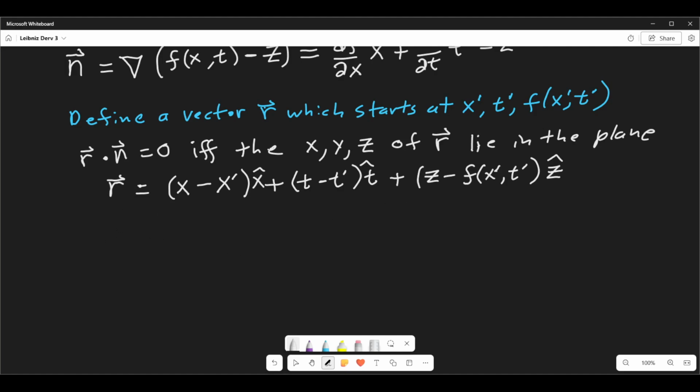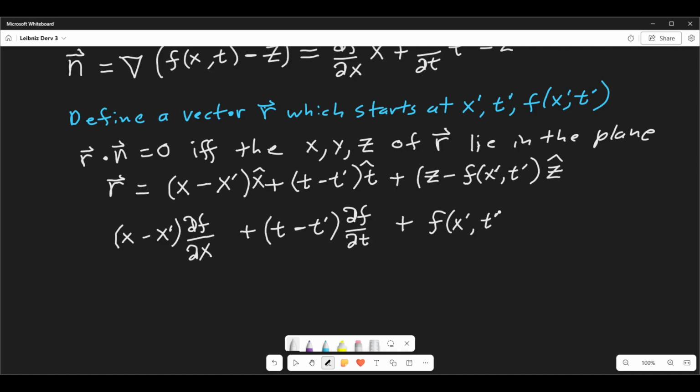So this R dot n hat becomes x minus x prime times the partial of f with respect to x, plus t minus t prime times the partial of f with respect to t, plus f of x prime, comma t prime, minus z, this will equal 0.